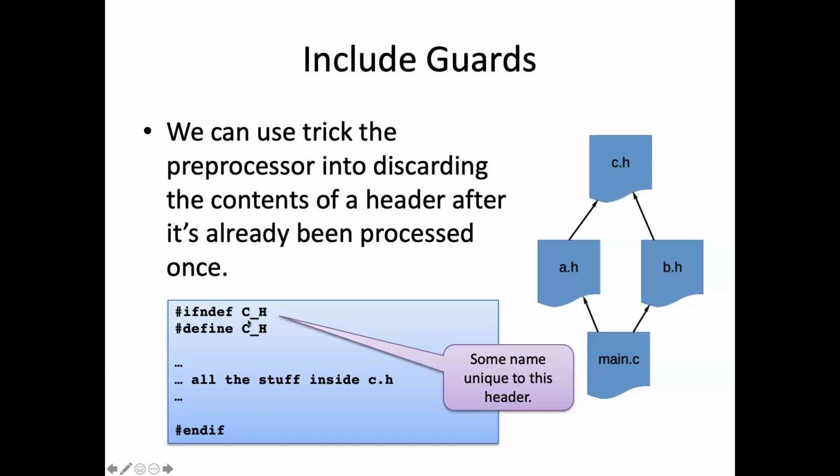You can use any symbol name for this. If your header was named C.H, it's probably a bad idea to use X_Y as the symbol name that keeps up with whether or not it's already been included. Okay. I mean, you could do it and it would work as long as no one else was using that symbol name, but by convention, you would pick a name here that matches the name of your header, just to try and make sure no one else was using that name.